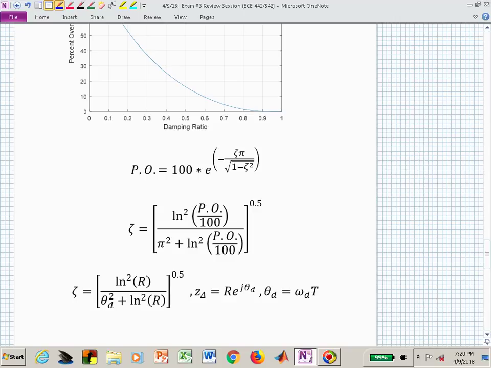Or if you now have r and theta sub d, you could calculate where those intersect these logarithmic spirals in the z-plane by using the radius and angle in this bottom equation. Remembering that theta sub d is related to the damped frequency of oscillation in the analog setting by omega sub d T, where theta sub d is unit-wise radians per sample.